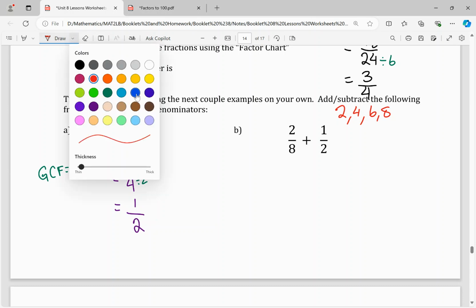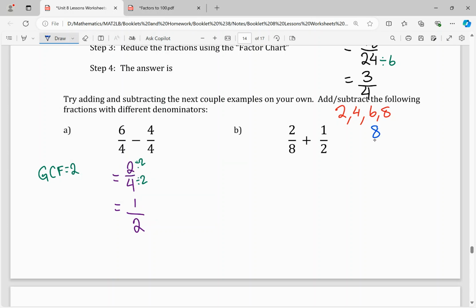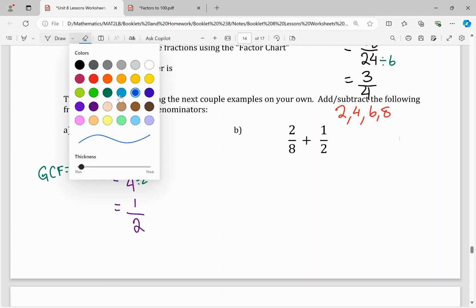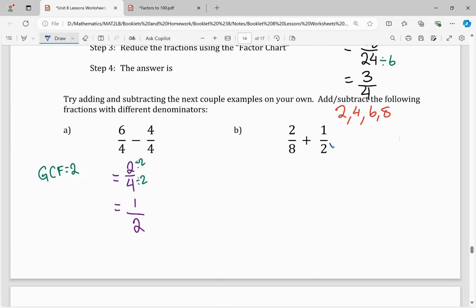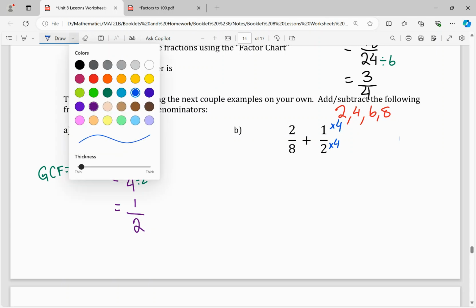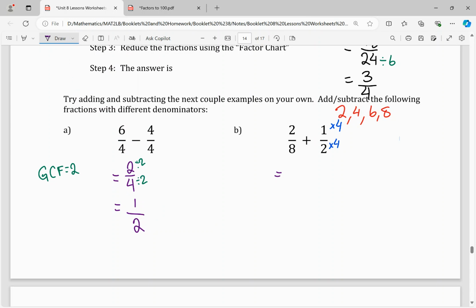Remember that another way you could have done this is divide 8 by 2, and that gives you an answer of 4. Either way, you need to know that you can multiply the second fraction by 4 and leave the first fraction the same. So this is going to give us 2 over 8 plus 4, because 1 times 4 is 4, over 8, because 2 times 4 is 8.